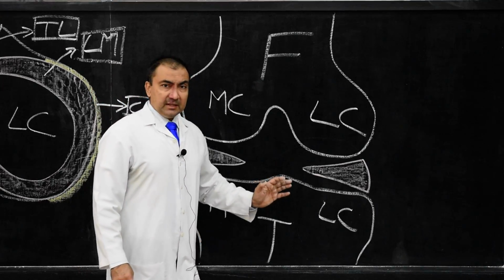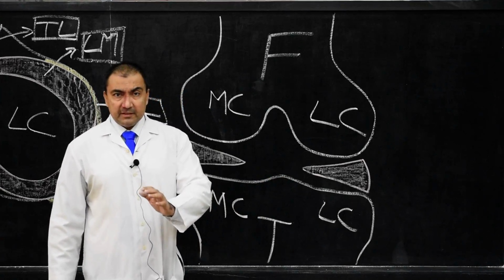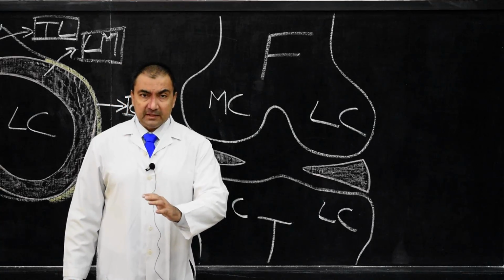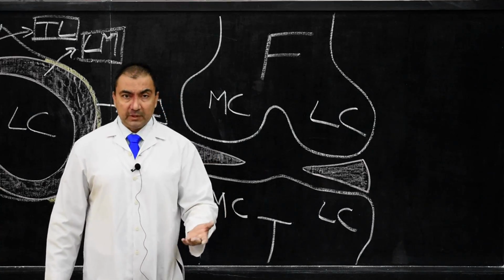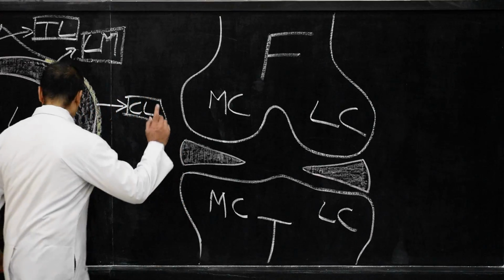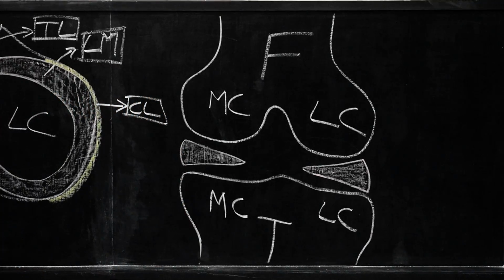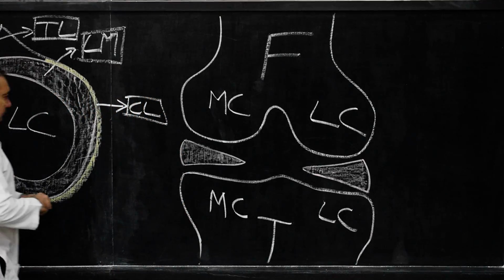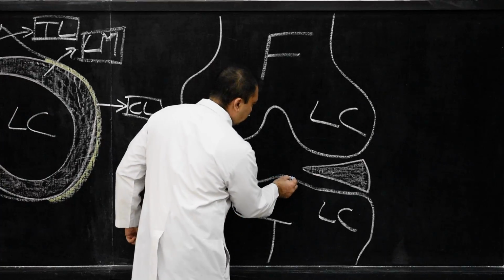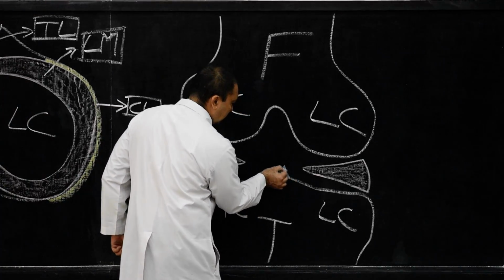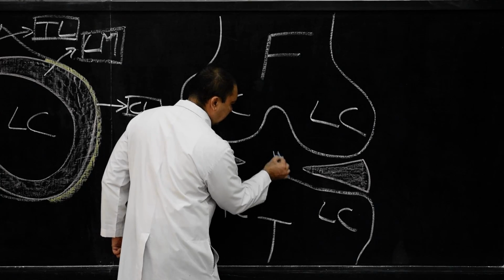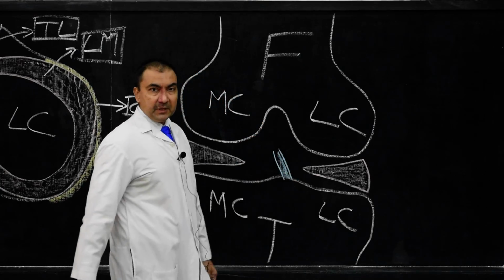The posterior cruciate ligament, if I show with the blue color, is attached on the posterior intercondylar area of the tibia, as we discussed in the previous segment, lower attachment.